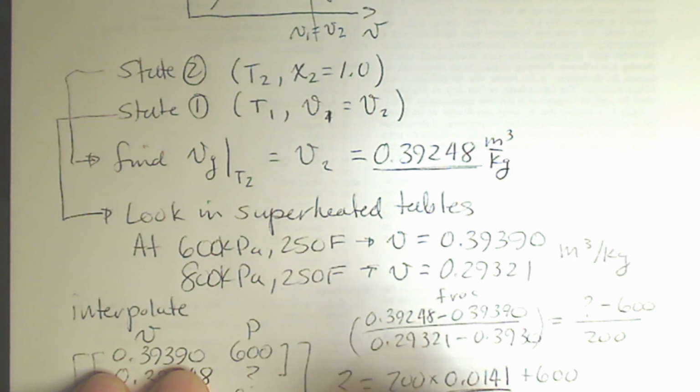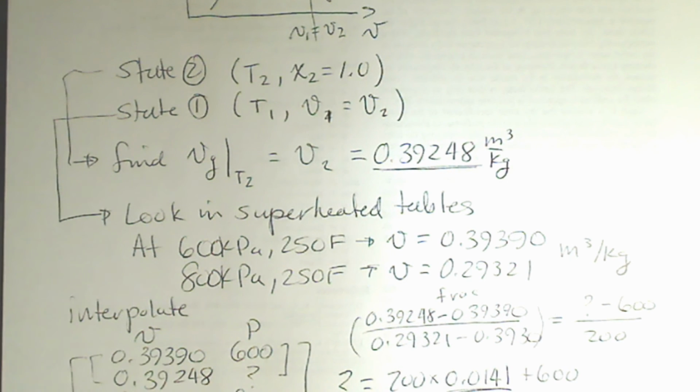So P1 is approximately equal to 602.8 kPa. Okay, so that's an example of constant pressure cooling, where the fluid condenses when it cools far enough, and we have to use that constant volume process to connect the second state back to the first state.